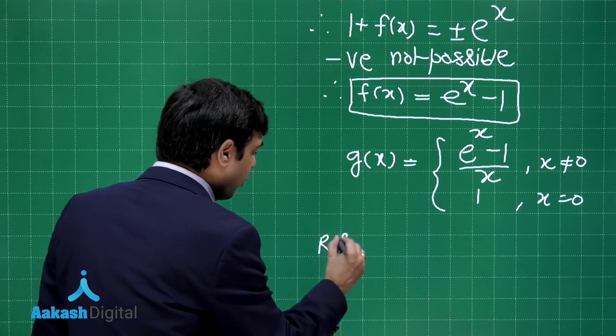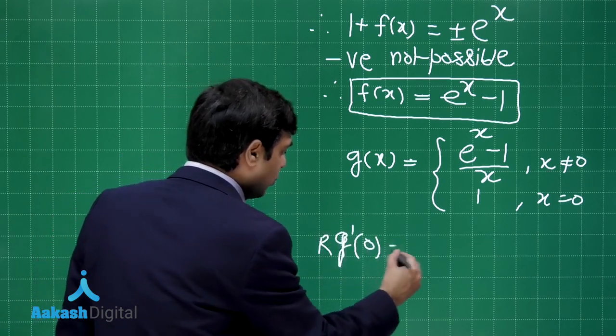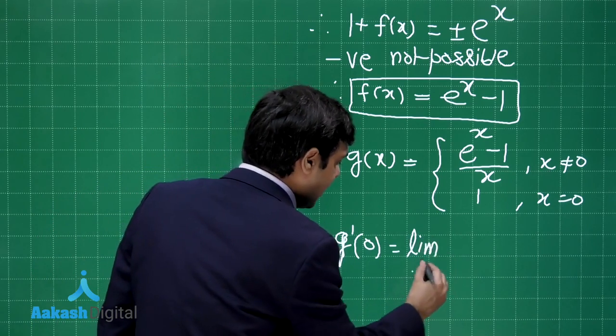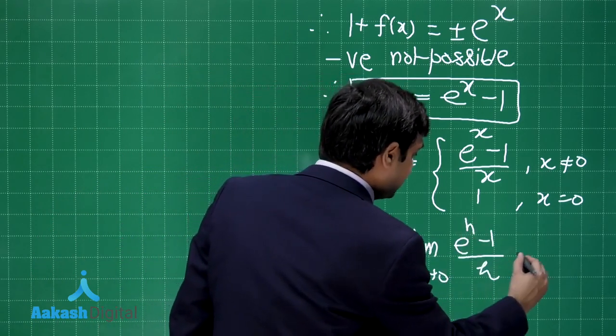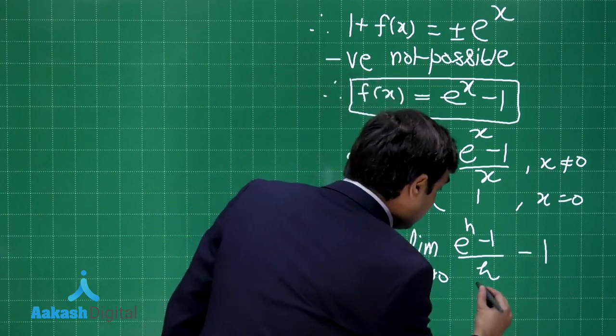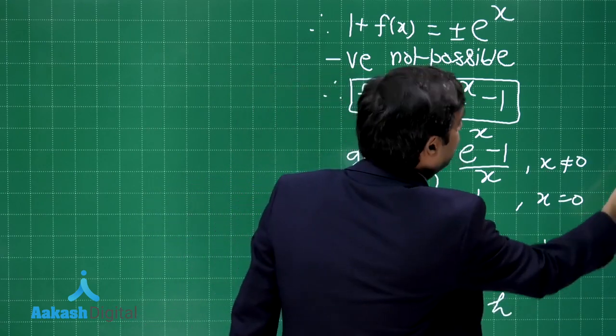Let's go for right hand derivative of g at 0. This is limit h approaching to 0 of (e^h minus 1 upon h minus 1) divided by h.